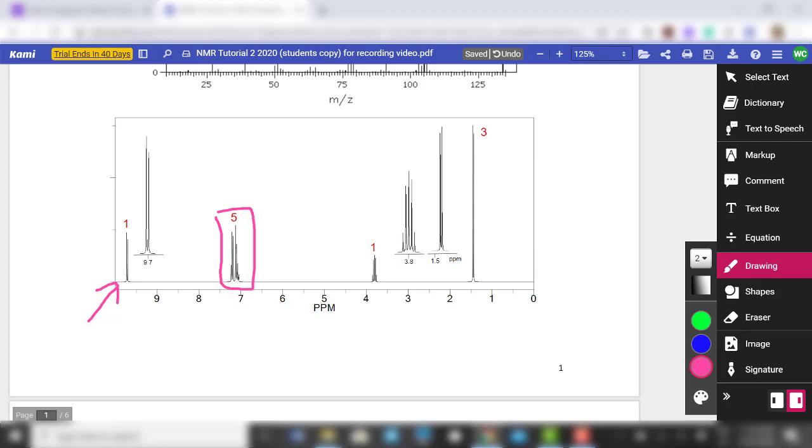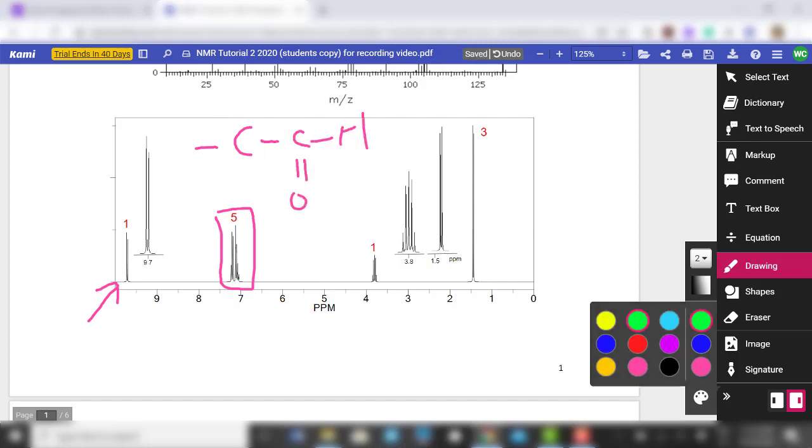Because it's split into a doublet, if you want to derive the structure a little, you will probably expect an aldehyde group here, and then maybe an H here that can couple to the aldehydic H to give the doublet. As to the rest of the structure, I'm not so sure, so I'll move on for now.